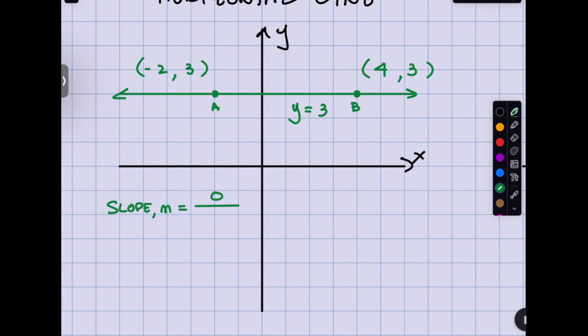How much did I run? 2, 4, 6. Awesome. What's 0 divided by 6? If you guys don't know, just use your calculator. It's okay. Yes, that is 0.